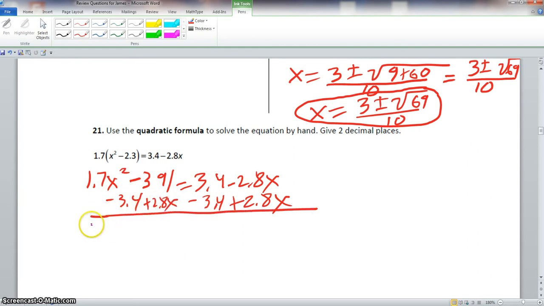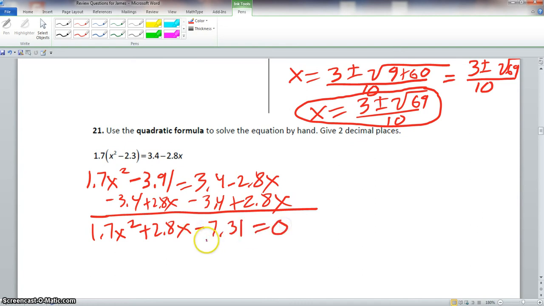Now, on this side here, we'll bring down our 1.7x squared. And the like term, well, we know 2.8x, we'll just bring that down because there's no like term. But this negative 3.91 and negative 3.4, they are like terms. So that would give us a negative 7.31.